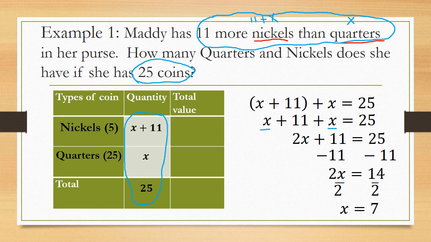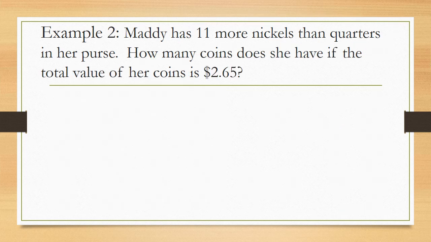X is the total number of quarters. That means that the total number of quarters is 7, and the total number of nickels is 7 plus 11, which is 18. So I end up with 7 quarters and 18 nickels.